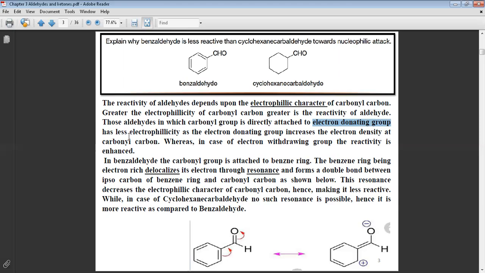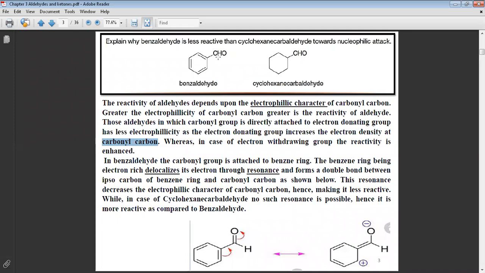It has less electrophilicity, as the electron donating group increases the electron density. Look, he said it increases the electron density on the carbonyl carbon. That means the aryl group is a donating group and makes the positive charge less.